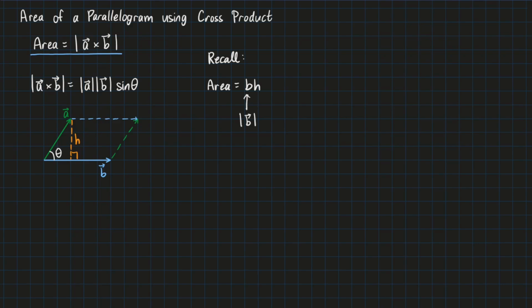So we have sine of theta, and remember that sine of theta is equal to the opposite side over the hypotenuse. The opposite side is h, and the hypotenuse is the magnitude of A. So rearranging this equation, we have h equals the magnitude of A times sine theta.